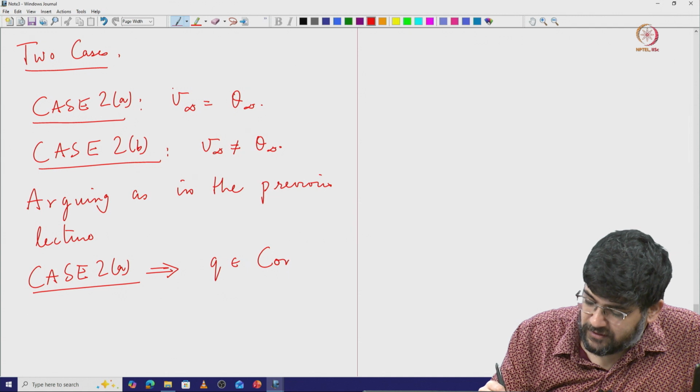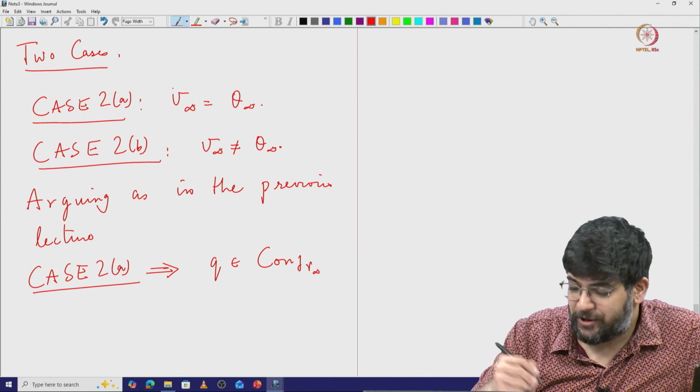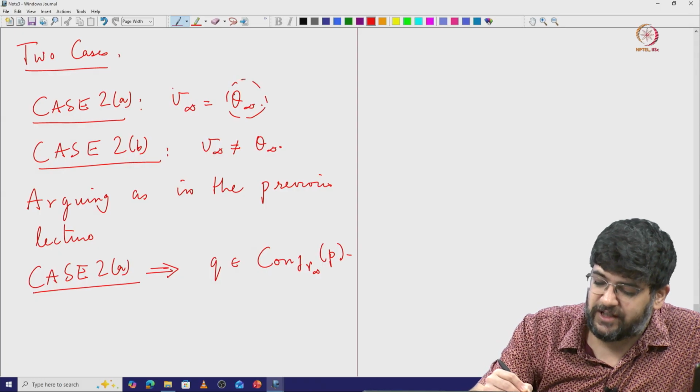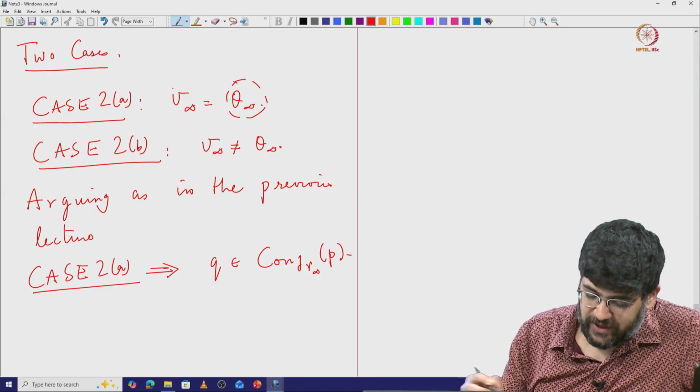along this limiting geodesic gamma_infinity. Gamma_infinity is the geodesic with initial vector in the direction of theta_infinity.